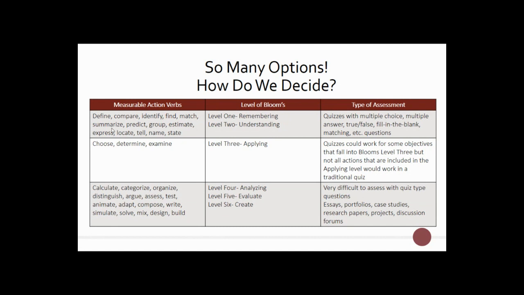Finally, we get into calculate, categorize, organize, distinguish, argue, assess, test, animate, adapt, compose, write, simulate, solve, mix, design, and build. When you start to get into those type words, those action words in your objectives, then you're going to have to do other things other than just ask students a multiple choice question, multiple answer, fill in the blank, matching, etc.